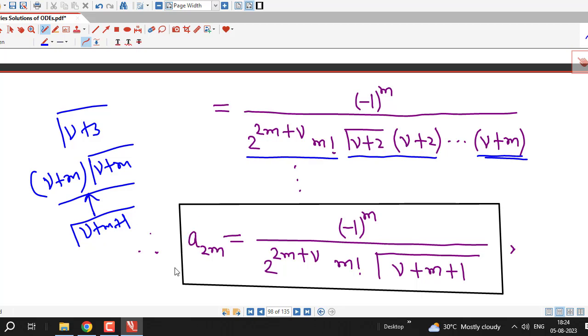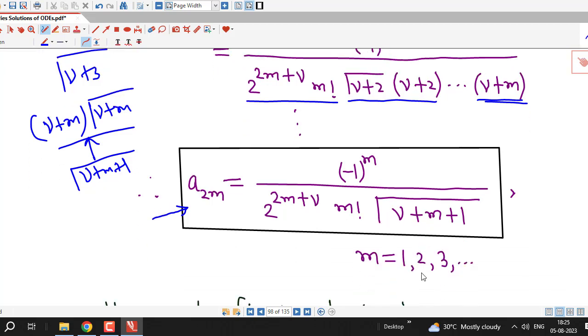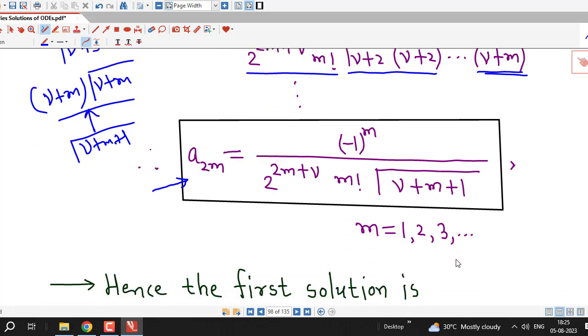So these coefficients are further simplified in this nice form: a2m equal to minus 1 raised to m over 2 raised to 2m plus nu, m factorial gamma nu plus m plus 1, m equal to 1, 2, 3 and so on. And now we are able to write down the first solution of Bessel's equation.